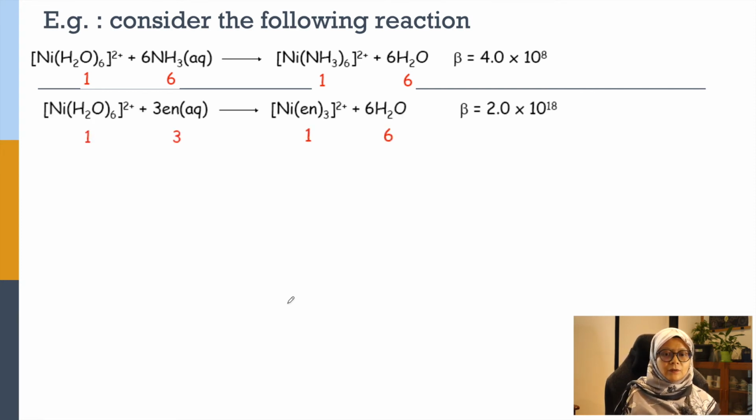Here we have another example. For the first one, 7 particles and there is no change in the number of products. We also have 7 products and the beta value here is 10 to the power of 8. For the second one, it involves monodentate ligands, 6 monodentate ligands, while in this second example we have bidentate ligands.